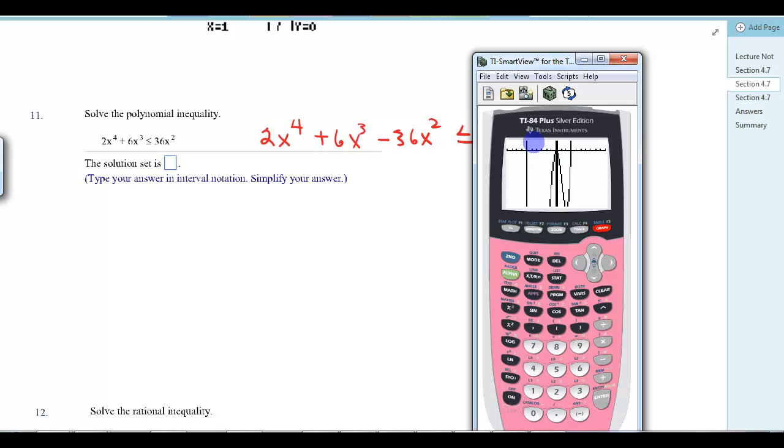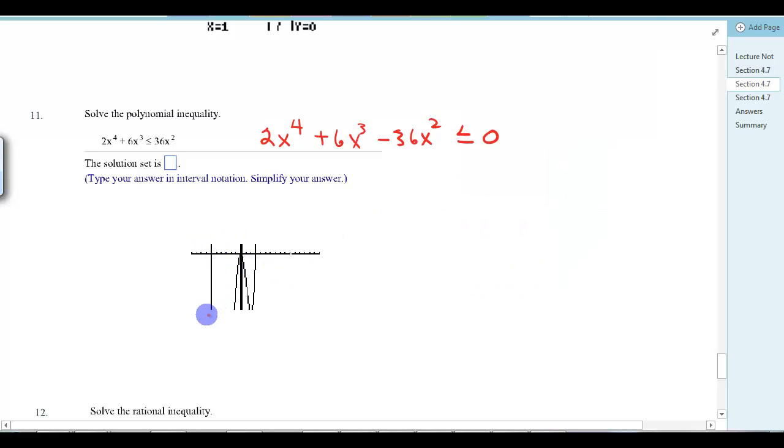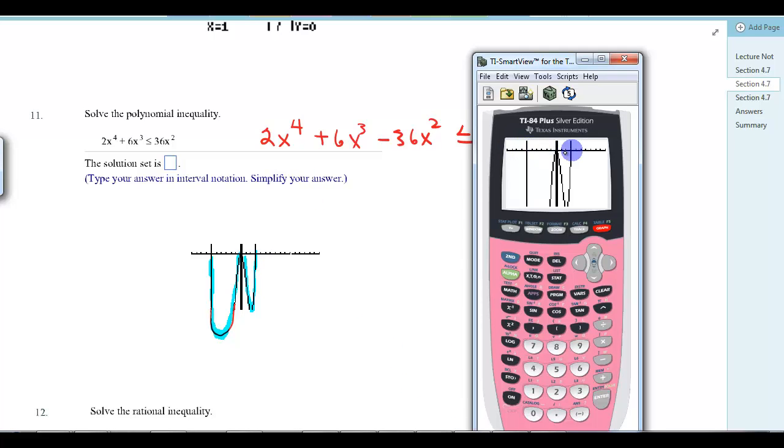Almost. But what we do know is that this is going to do this, and so we've got that and that. And we're talking about below, so we've got this piece and this piece. And so we would need to find these places where it crosses.